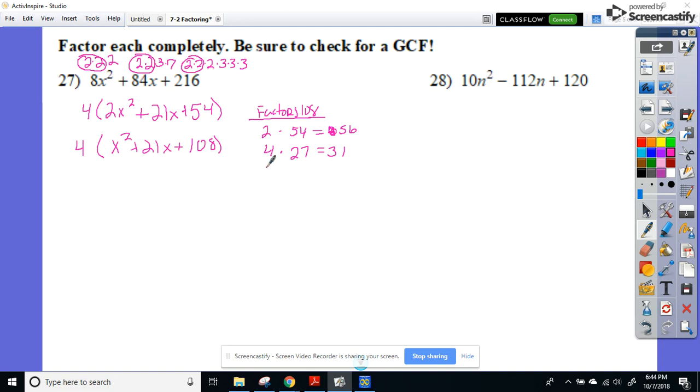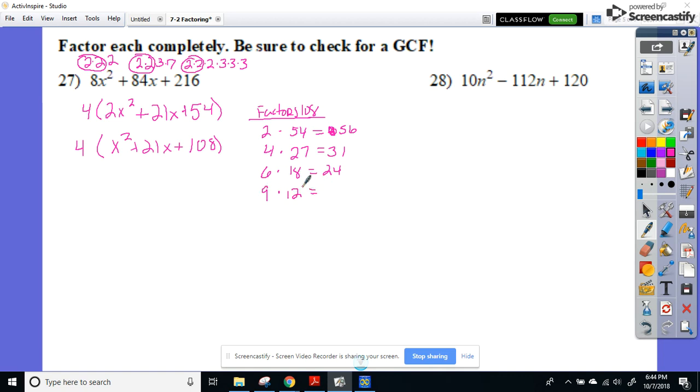108 divided by 6 is 18. And 6 plus 18 is 24. Oh, I'm very close. 108 divided by 8, nope, that's not going to go. 108 divided by 9, 9 times 12.